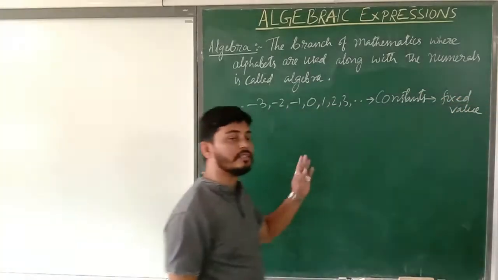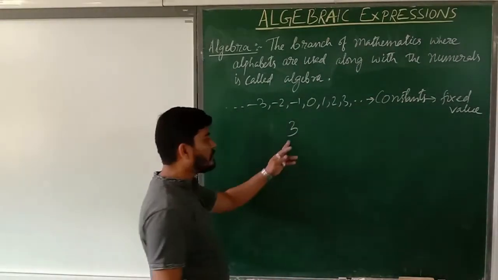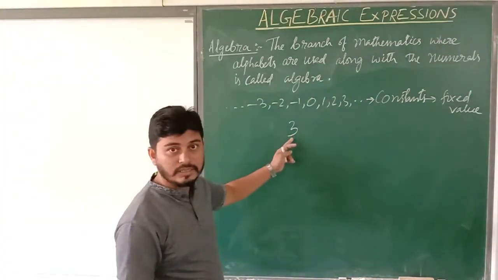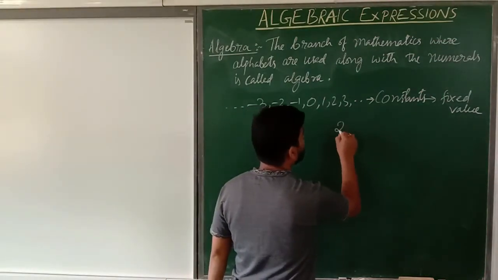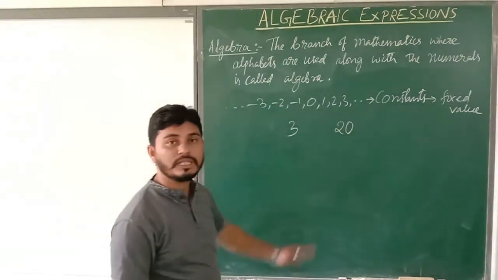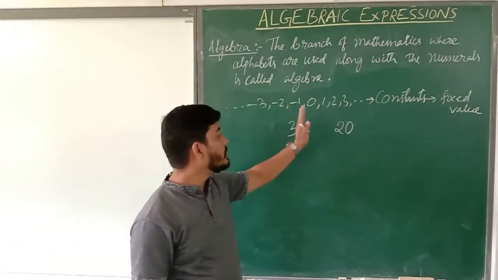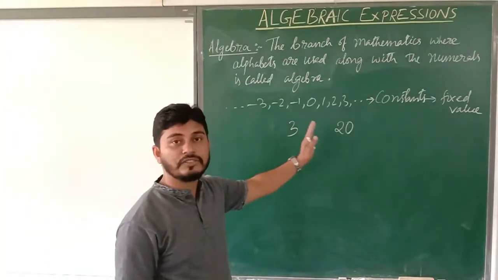Their value is fixed. If I write 3, 3 is 3, right? We cannot say that it is 5. In the same way, if we write 20, 20 is 20. We cannot say that 20 can be 10.